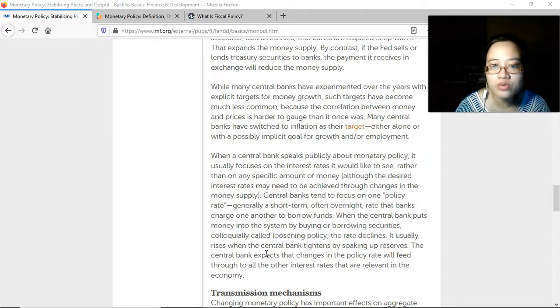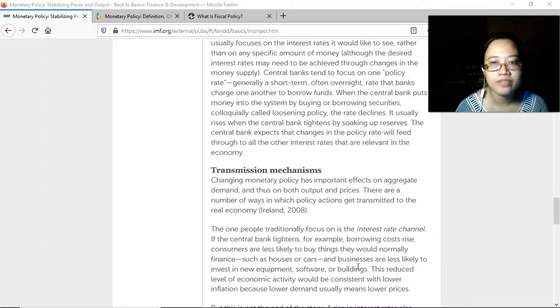It usually rises when the central bank tightens by soaking up reserves, retracting the money from the market into their reserves. The central bank expects that changes in the policy rate will feed through all the other interest rates relevant to the economy. So essentially it takes time for the effect to be seen whenever changes are made.